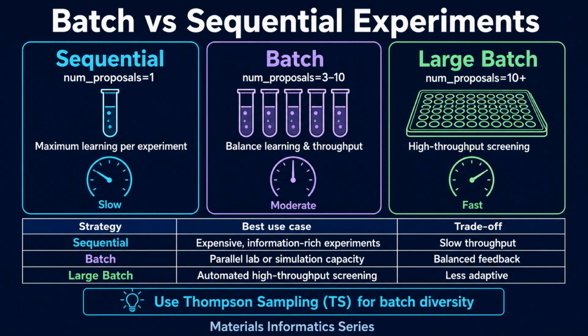Large batch mode with 10 or more proposals is designed for high-throughput screening systems that can run many experiments simultaneously. When running batch experiments, use Thompson sampling as your acquisition function. Thompson sampling naturally provides diverse candidates, preventing redundant experiments within the same batch.